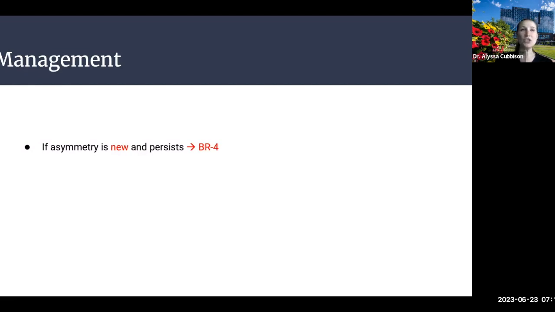So unless you have reason to suspect that it's due to a probably benign factor, like maybe the patient provides the history that they fell and you have reason to think maybe it's just post-traumatic or hematoma, something like that. There are instances where fat necrosis can sometimes be followed. But in general, if you find an asymmetry to be new and it persists, then we do biopsy them.